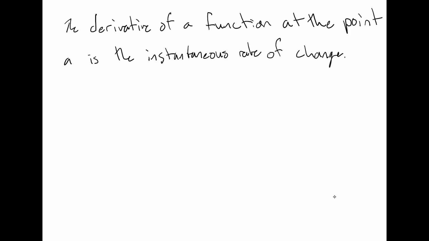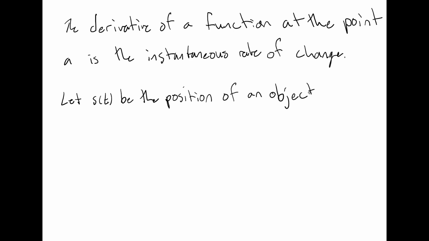Okay, and so let's get a nice formal definition of this before we get into any sort of example. So we want to say let S of t be the position of an object at time t.